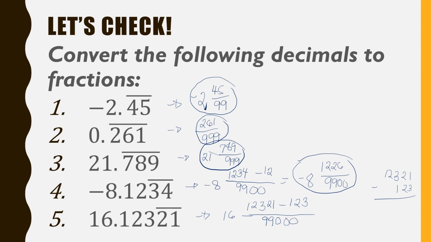So that is 11 minus 3, we have 8. This will be 1. We borrow from 3, so we have 11. This will be 2. 11 minus 2 is 9. 2 minus 1 is 1. And then we have 1. So the final answer is 16 and 12,198/99,000.